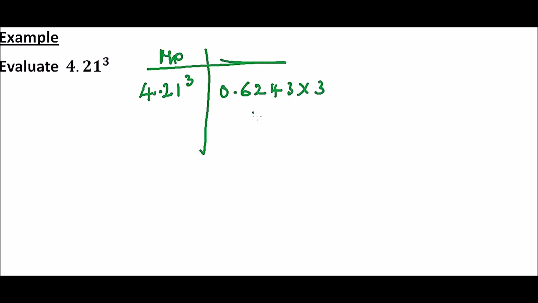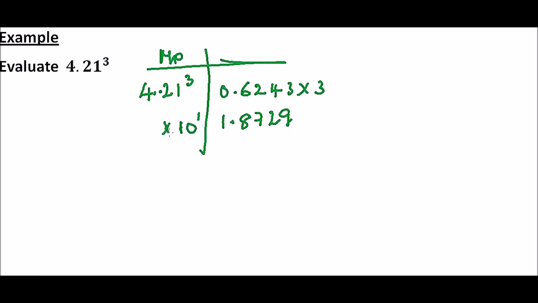So when you multiply by 3, you get 3 times 3 is 9. 4 times 3 is 12, so carry 1. 2 times 3 is 6, so we have 7. 6 times 3 is 18, so we have 8 and we carry 1, so 1.8729. The anti-logarithm of this one, 1 represents 10 to power 1.